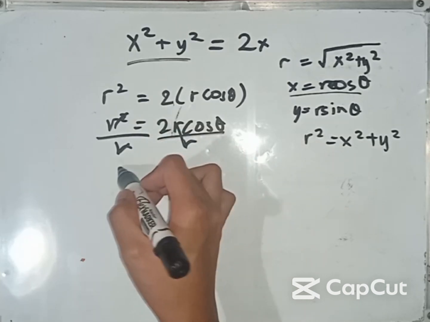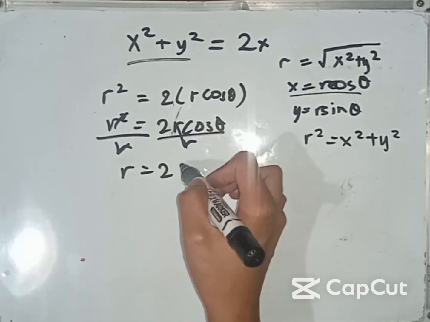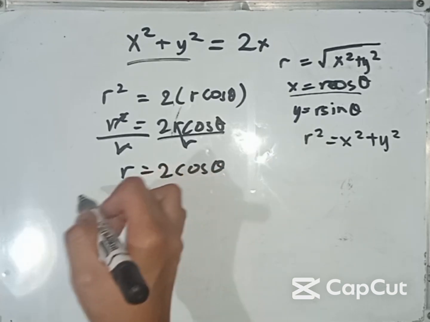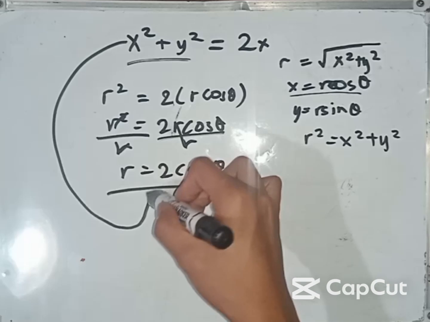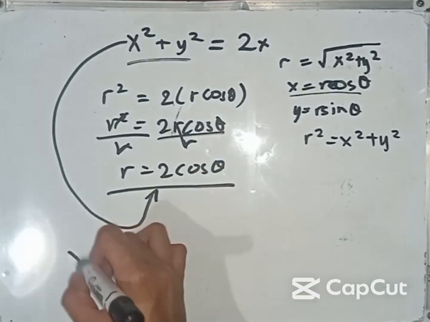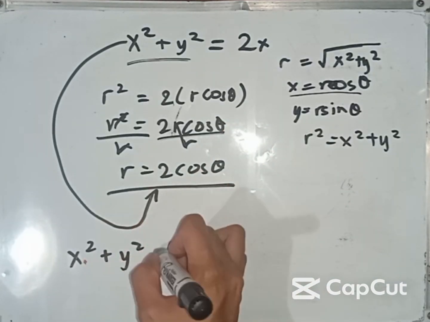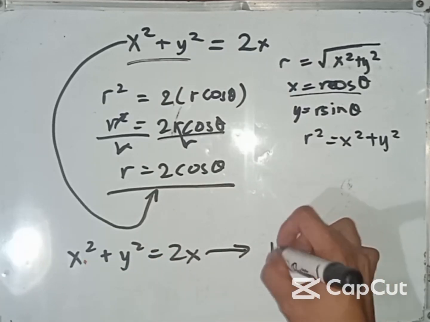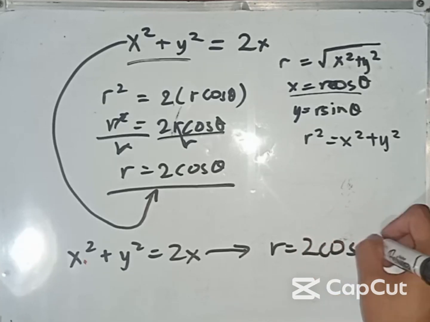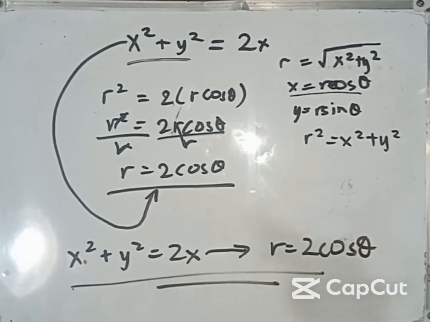And this would give us r is equal to 2 cosine theta. And this will now be our polar form. Therefore, the rectangular equation x squared plus y squared is equal to 2x is r is equal to 2 cosine theta in polar form.